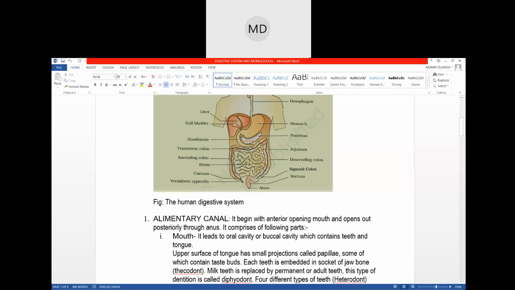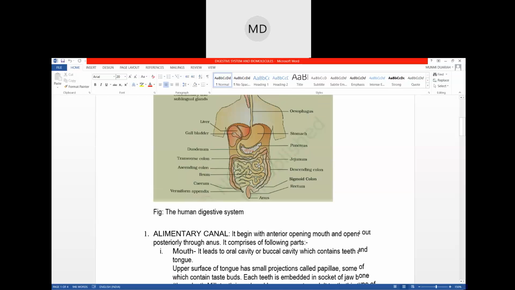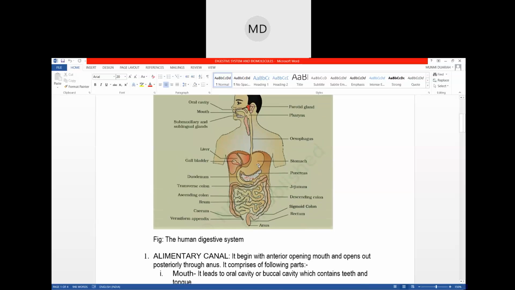Then comes the jejunum, this portion. And the remaining, last portion is the ileum. If you look at this diagram well, you can figure out which is which. So the small intestine is divided into three parts: duodenum, jejunum and ileum.